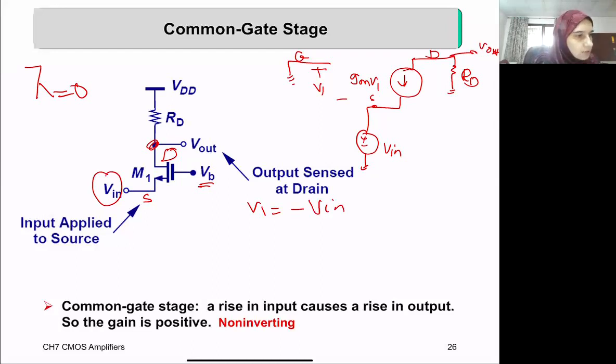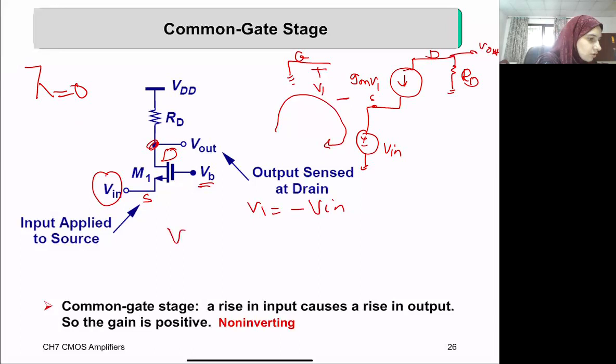Because this is the negative sign at the source, and the gate is the positive direction, which is the opposite polarity of Vin. If we make a KVL in this loop, it will be V1 plus Vin equals 0, and therefore V1 equals minus Vin.